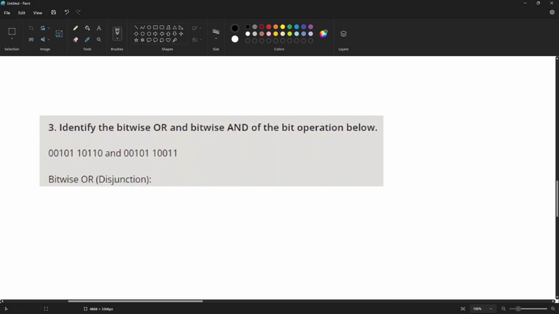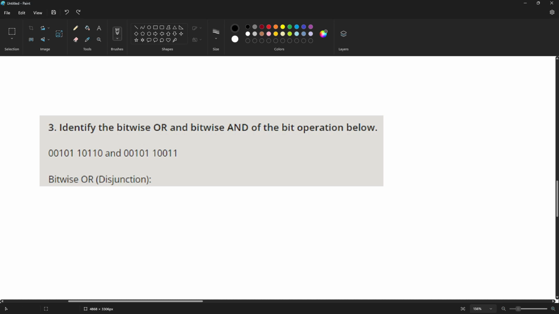Next item. Number 3. Identify the bitwise OR and bitwise AND of the bit operation below. So, in this case, I will be only answering bitwise OR using this first bitwise operation. So, let 0 be false and 1 be true.